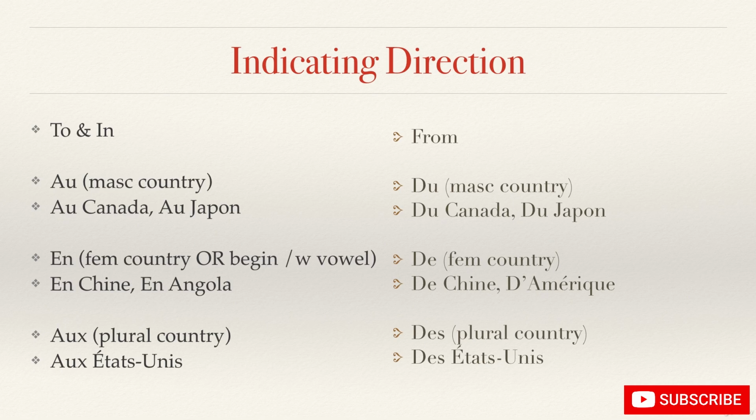So we would say de Chine or d'Amérique. So from China or from America. And then finally, with plural countries, we use des. And the S makes a Z sound when it comes before vowels, just as the O with the X. So des États-Unis, or des Pays-Bas, so from the United States or from the Netherlands.